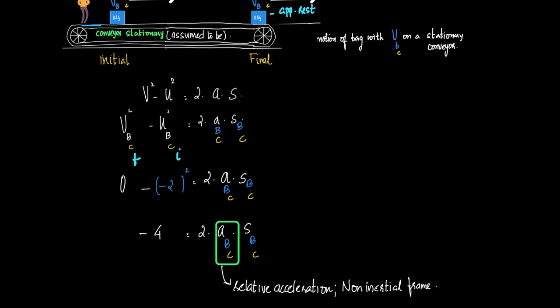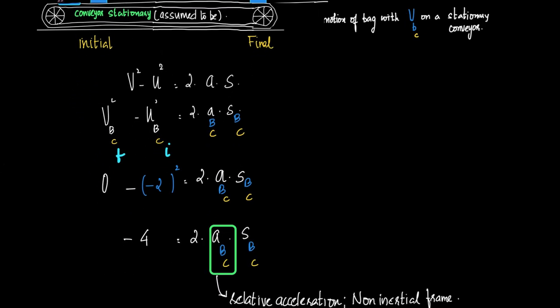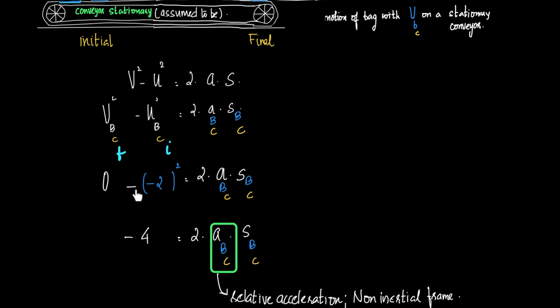We found it to be 0, vbc initial is minus 2. So 0 minus, this is one place where I see most of the students making a mistake. I would say a really common mistake, because minus 2 square is 4 and 4 into minus is minus 4. Now not plus 4 here, this is minus 4.